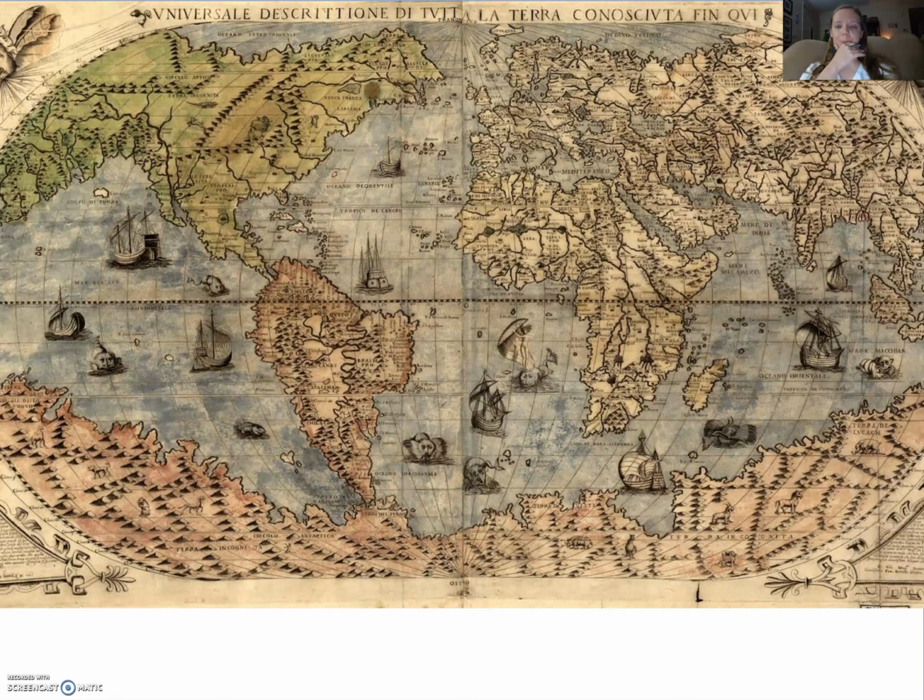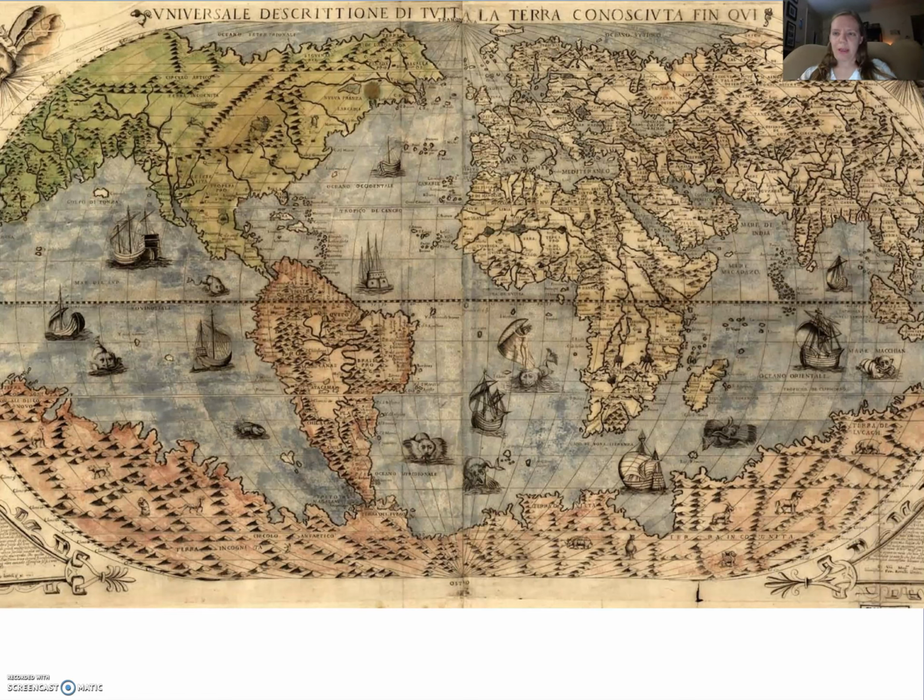But notice how you have Antarctica going down along the south, and over on the very edge of the west, it looks like California just keeps going across the Pacific Ocean to connect to Asia, which is obviously inaccurate. And even just the general shape of things is not quite right. This is still very much a world where everything is new. We don't really have a strong grasp of what is in our hemisphere. So just keep that as a frame of reference as we're talking about what's going on culturally in this world.